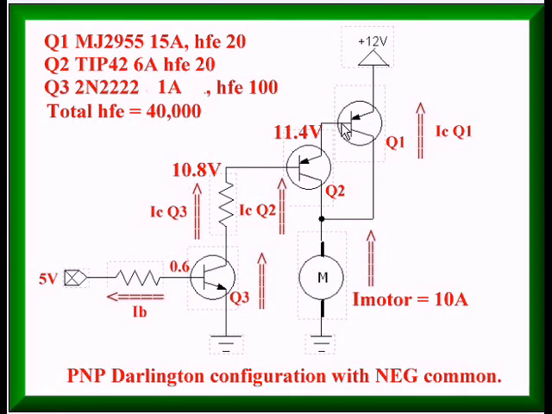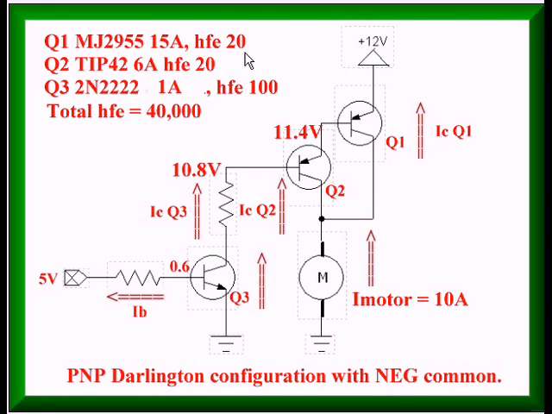Nonetheless, what's going to happen here is we're going to have the current move through the emitter base here. When I switch on Q3, I'm going to have a current flow emitter to collector through this resistor. It's going to go into the base emitter junction of Q2, which is going to multiply that current by 20, and when it goes through the base emitter junction of Q1, it's going to be multiplied again.